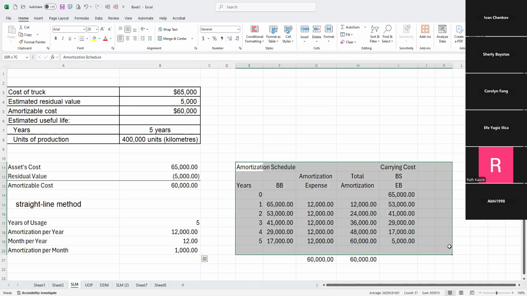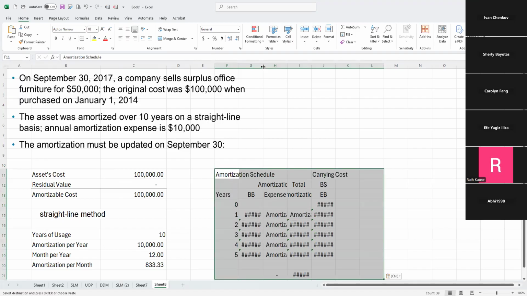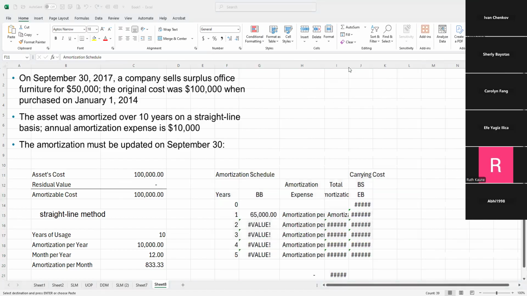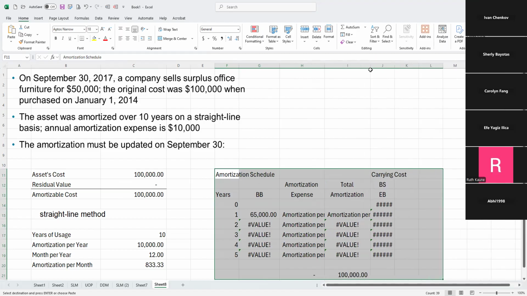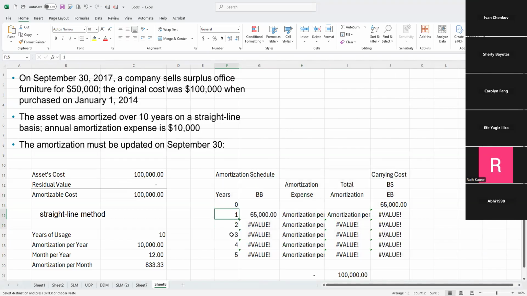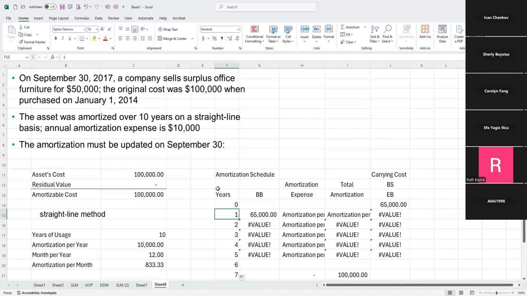Let's quickly get the schedule and see if we can easily adjust it to our needs. What do we need to have? We need to have 10 years, correct? I have to extend it all the way to 10 years. When is the first year? Now we can put the years: 2014, January 2015, and keep going for 10 years, correct?